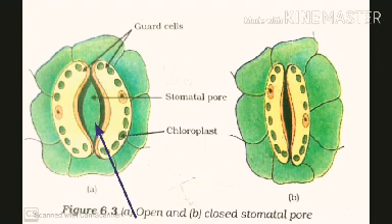Whenever the guard cell absorbs water, it gets swollen up, and because of this the stomatal opening takes place. And whenever the guard cell shrinks, the stomata close up, and in this way the gaseous exchange takes place in plants.